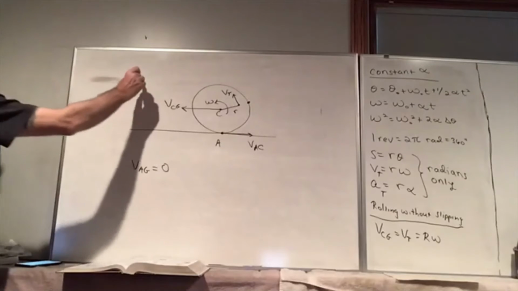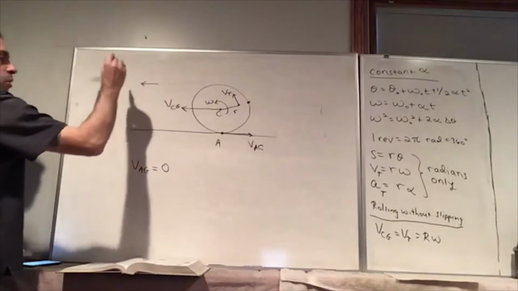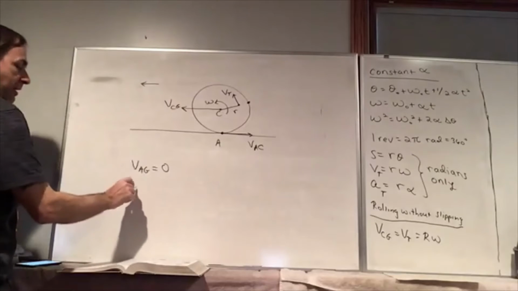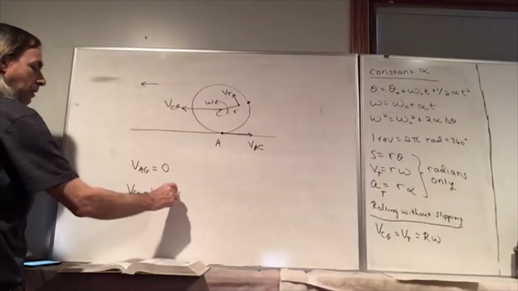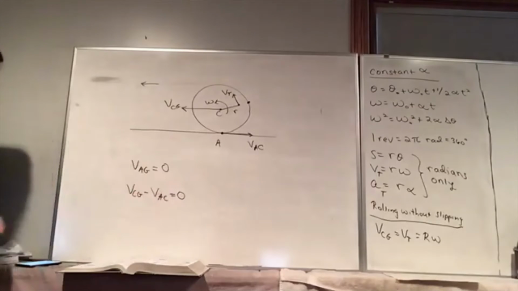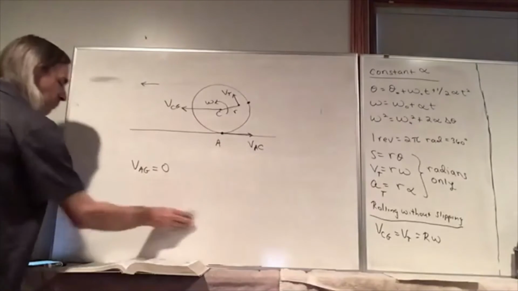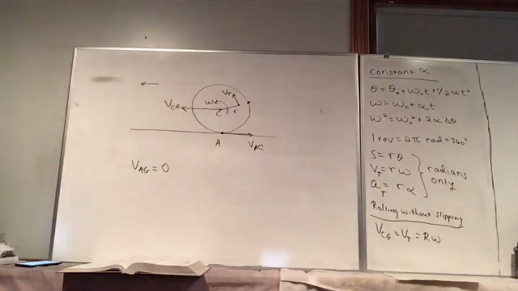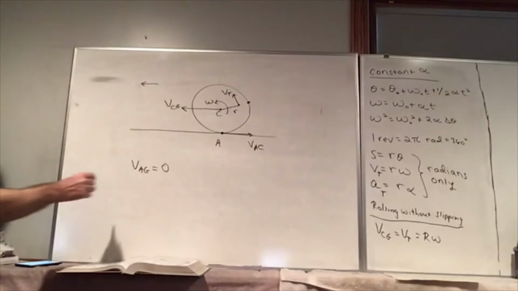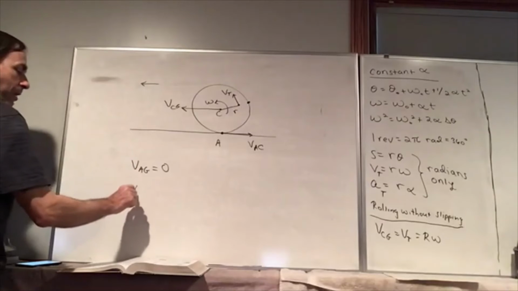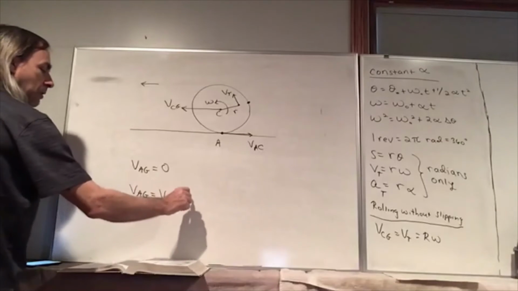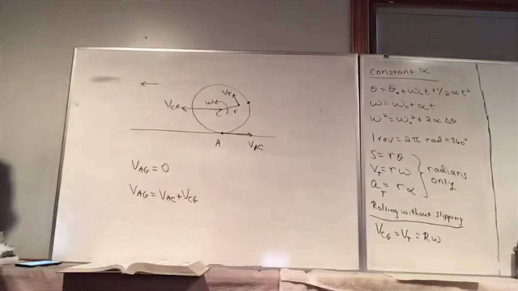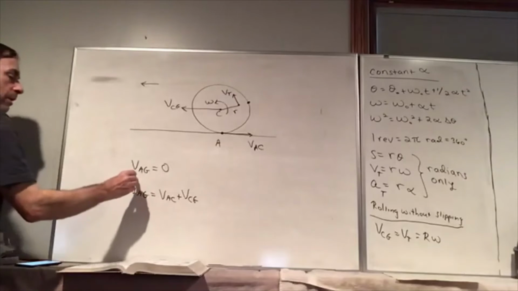So let's say this is our positive direction because that's the way it's moving. Let's use our relative motion subscripts. The velocity of A relative to the ground is the velocity of A relative to the center plus the velocity of the center relative to the ground.